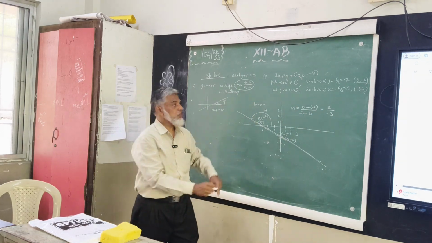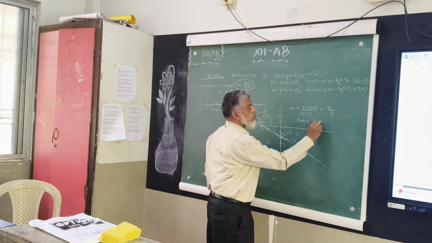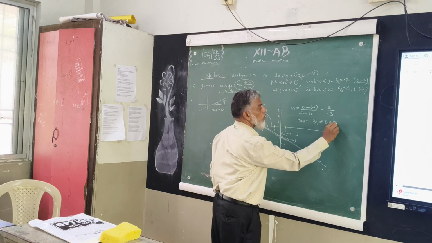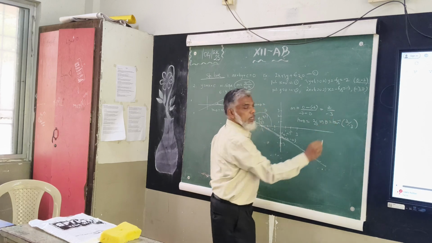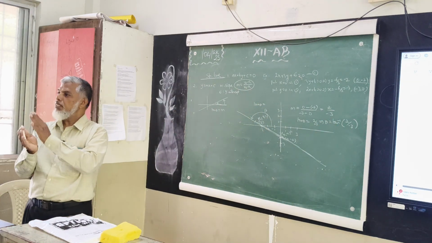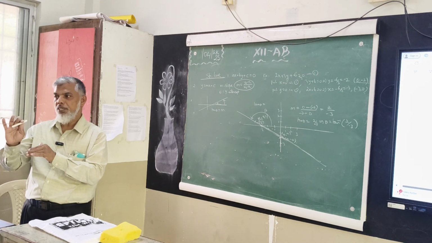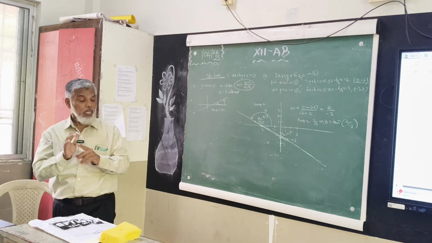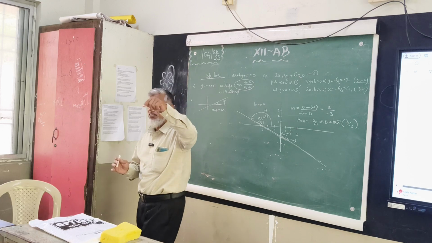That is the slope. Therefore, tan theta equal to 2 by minus 3, which implies theta equal to tan inverse of 2 by minus 3. So what is theta? Theta is the angle made by the line with the x-axis in the positive direction. Because tan theta is negative now.